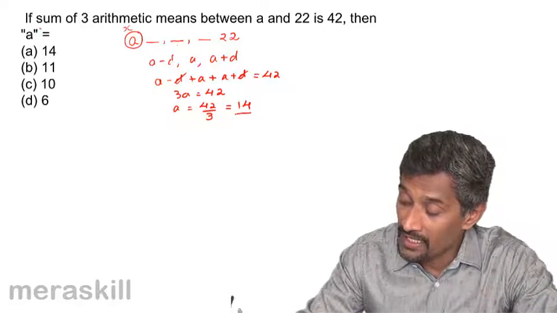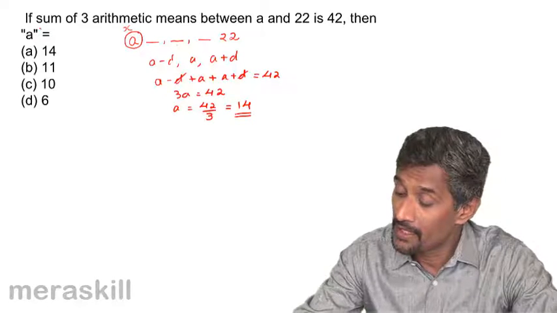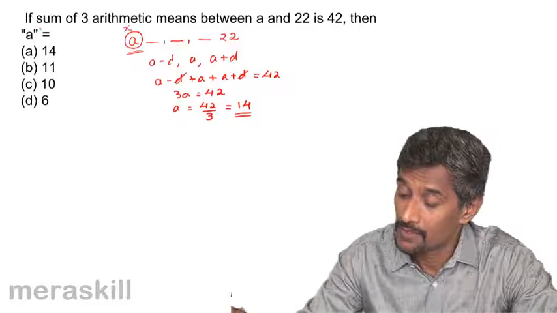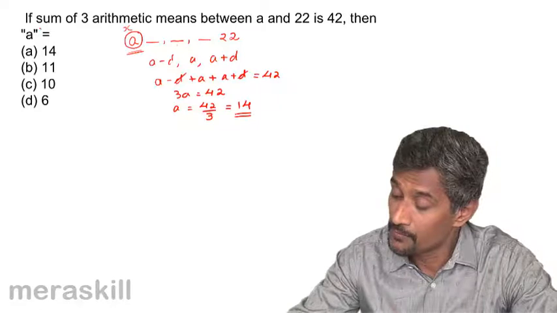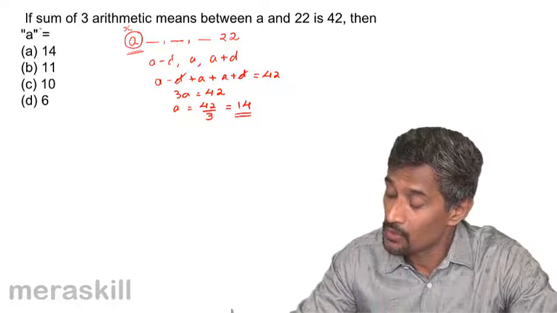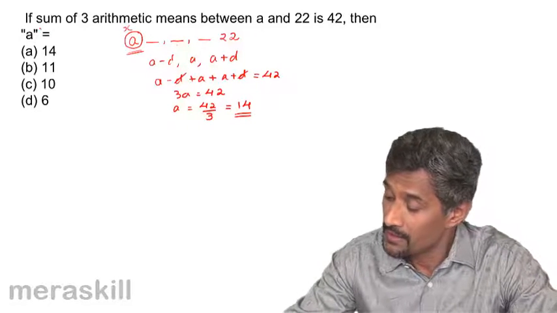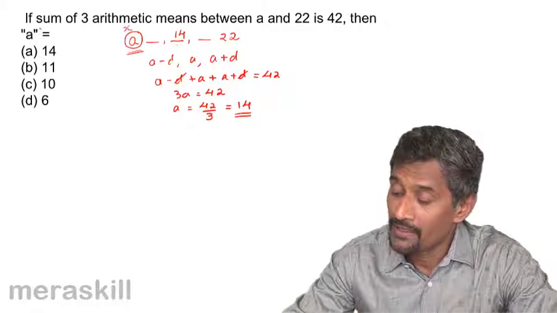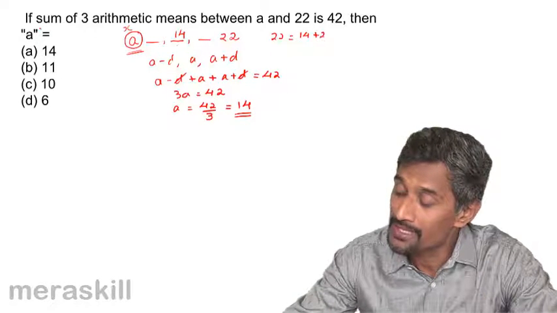So that means the middle term is 14. We can check it: 22 is actually 14 plus twice the common difference.